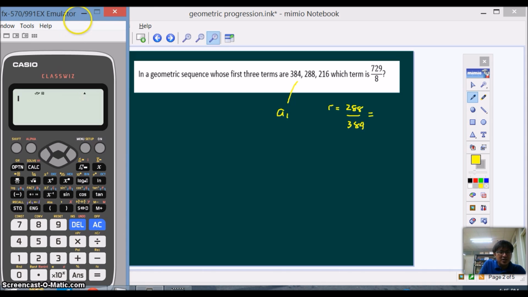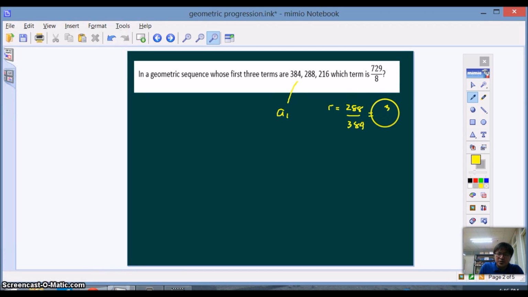So this is how your calculator will look like. So simplifying 288 over 384, oh, that's 3/4. So you see how easy that is? Yes, 3/4.